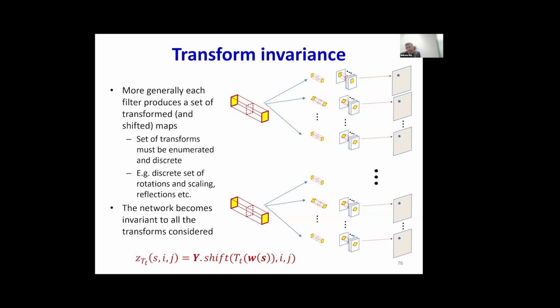Now, if I were not doing this, if I were just using a regular filter, and I scan the input with the regular filter, how many output channels would I generate? Just one, correct?